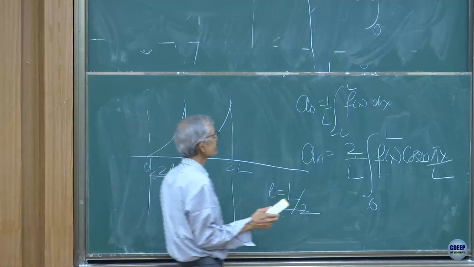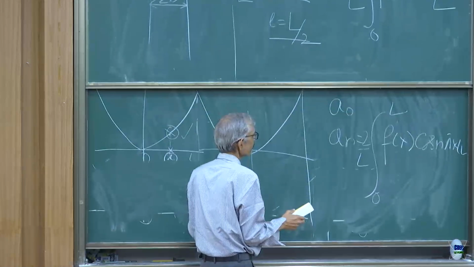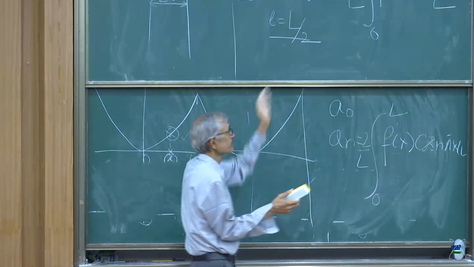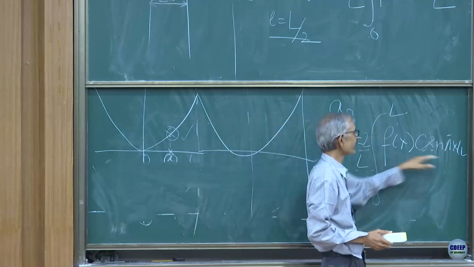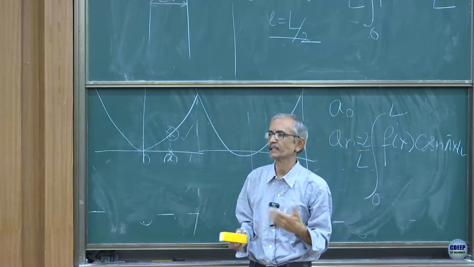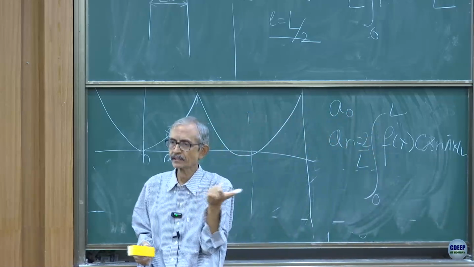Whereas here the same thing, it appears the same thing: 2 by L, 0 to L, f(x) cos n pi x by L. But what is the cap L there?